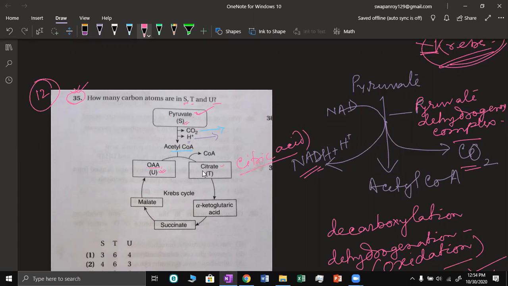So how many carbons are in these compounds?